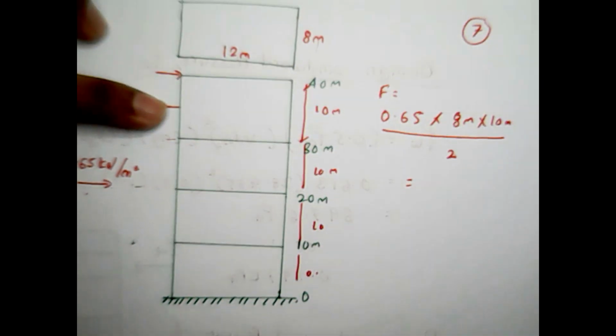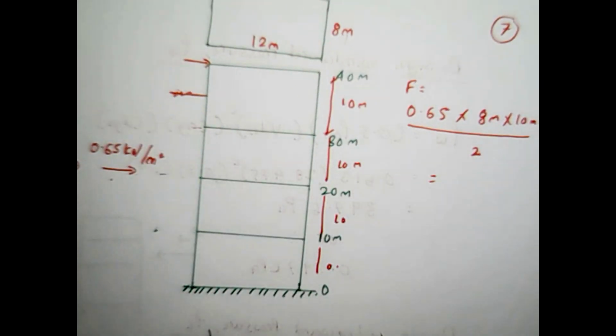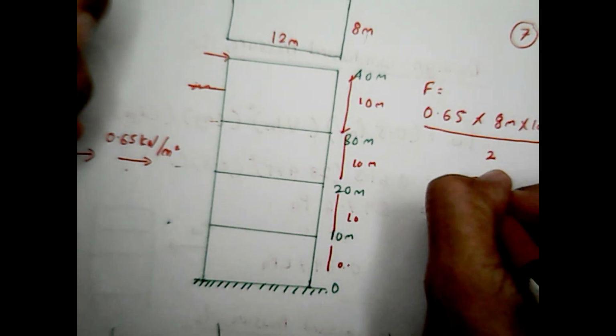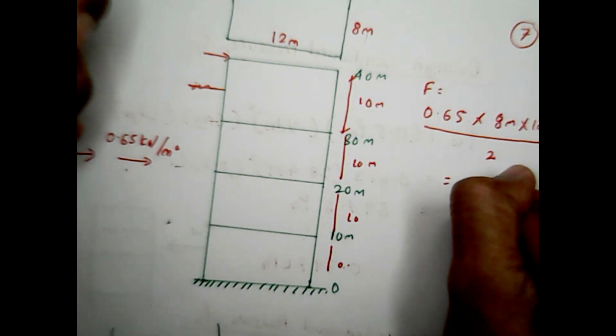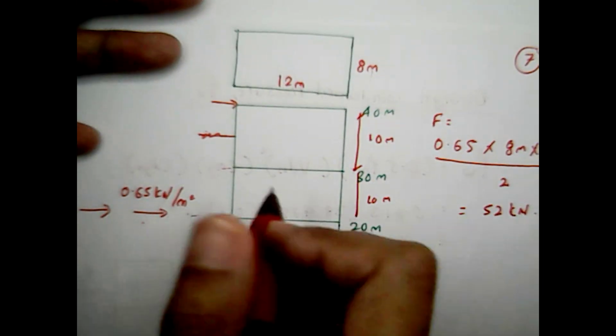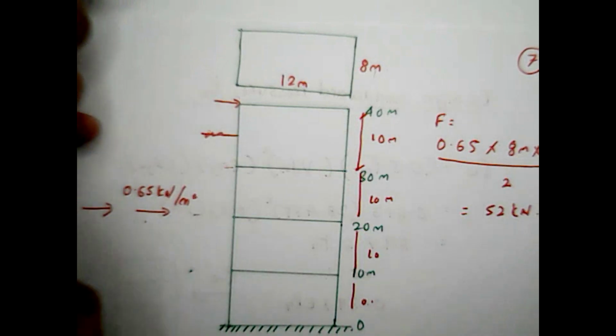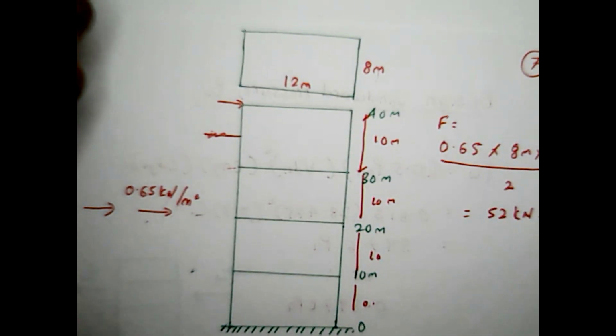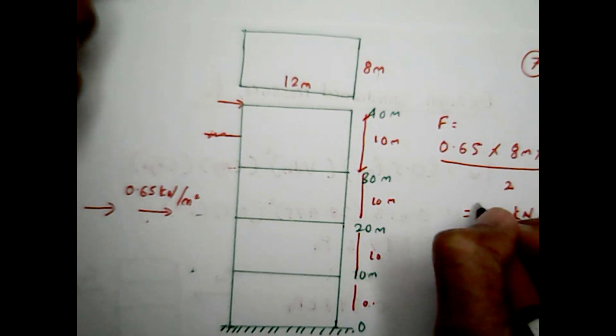So here if you did that, you will end up with the same 26 kilonewton. 0.65 times 8 times 10, you get 52 kilonewton. So this 52 kilonewton is, sorry, not divided by 2 yet, divided by 2, you get 26 kilonewton.